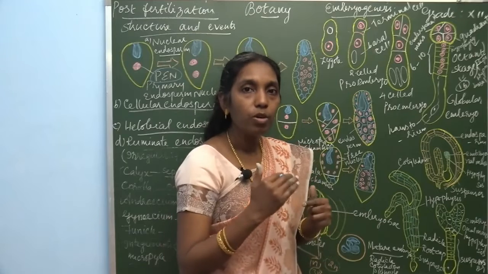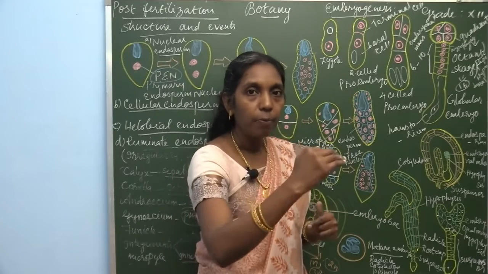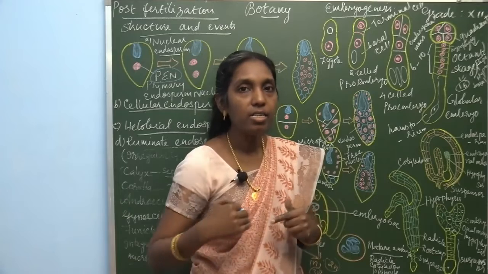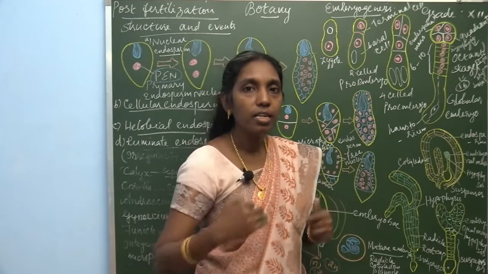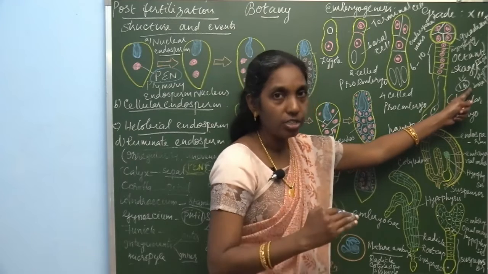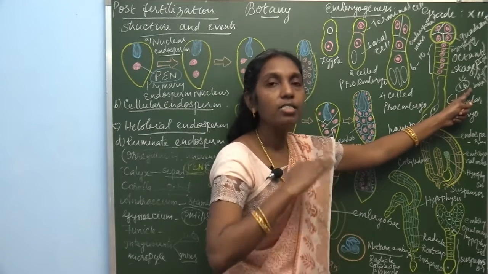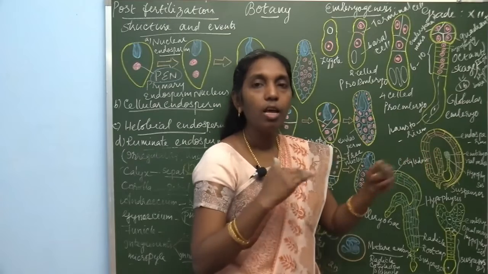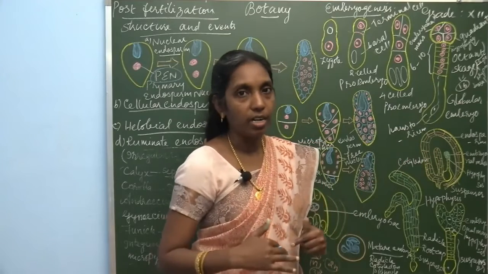The mature embryo forms the epidermis, cortex, and the stele region. So these 3 regions are derived from the 16-celled stage, which undergoes various divisions periclinally and anticlinally.